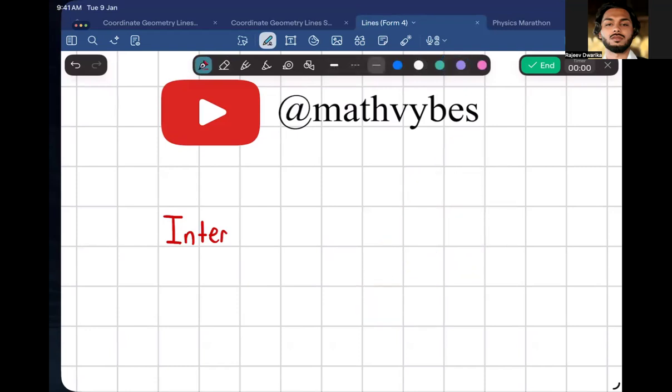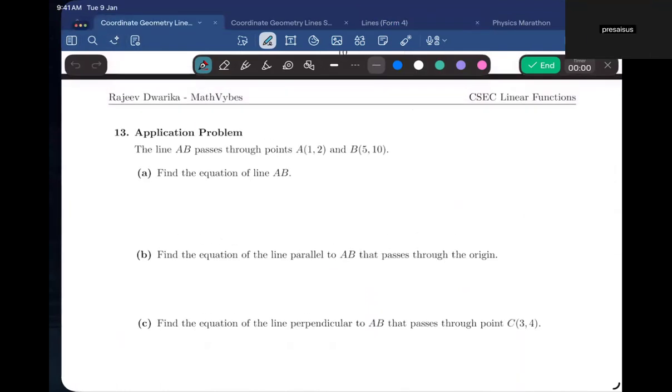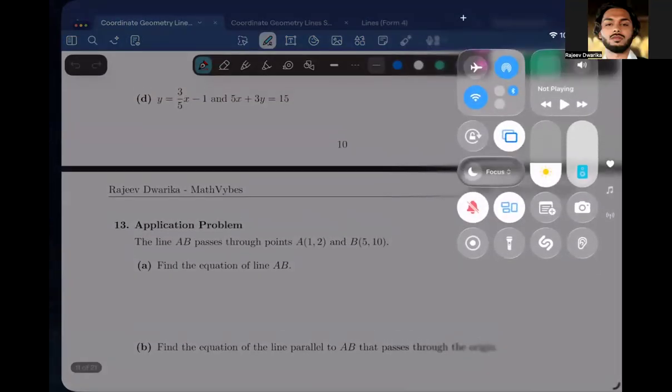Linear programming is when you have different inequalities and you plot them on a graph and study the behavior of them.